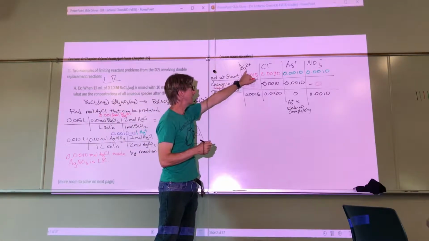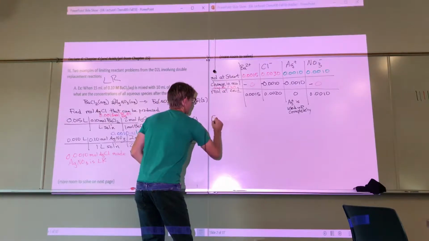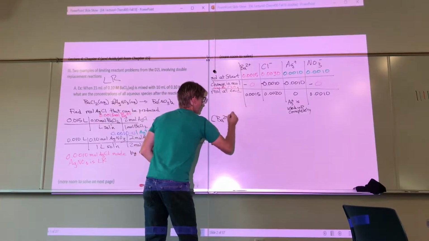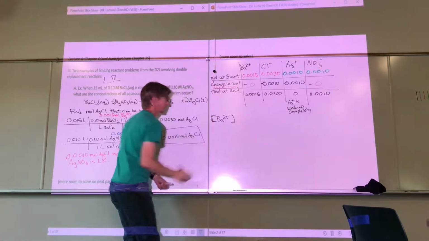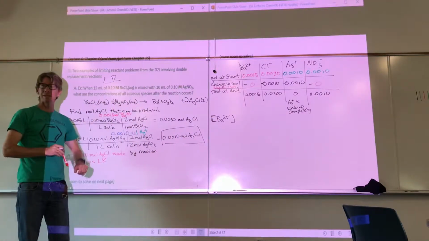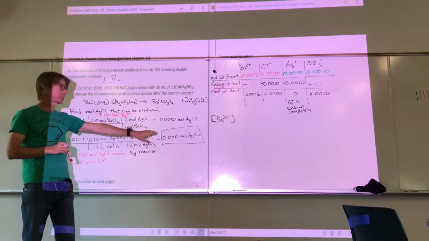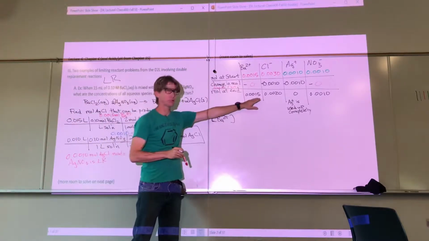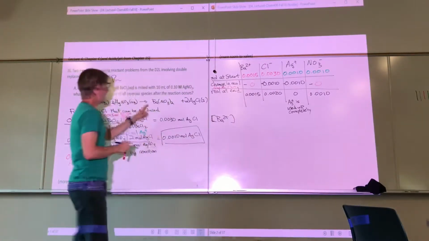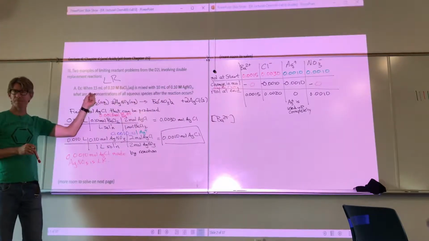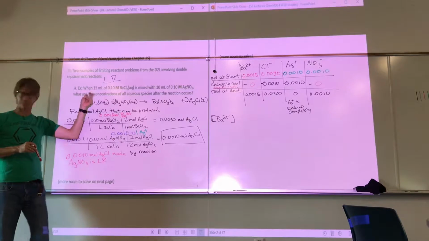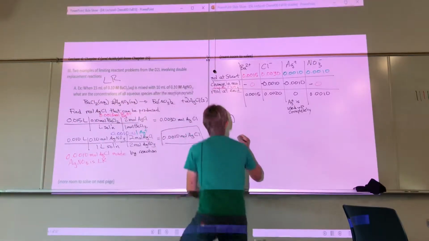I'm going to start with my barium ion. I'm going to use my square brackets. And now I'm going to do my concentration of barium. I know my moles. I'm going to put it over my total solution volume to get my concentration. And I guess I'll write that out.